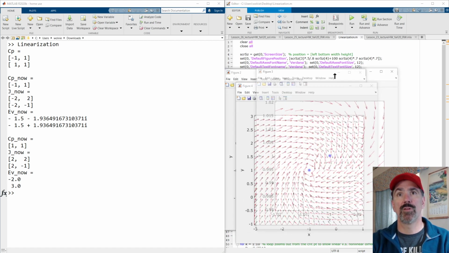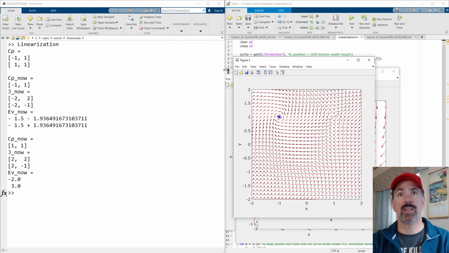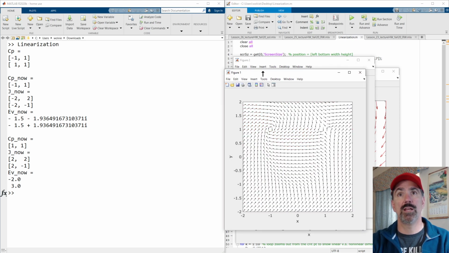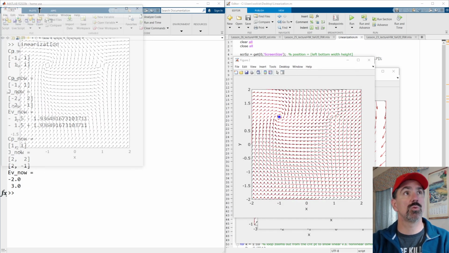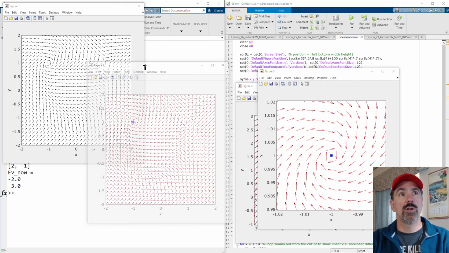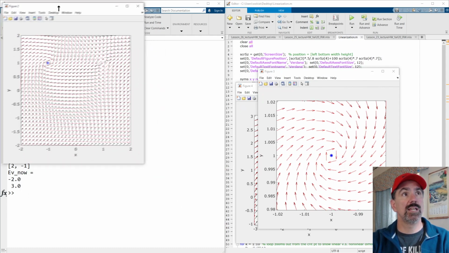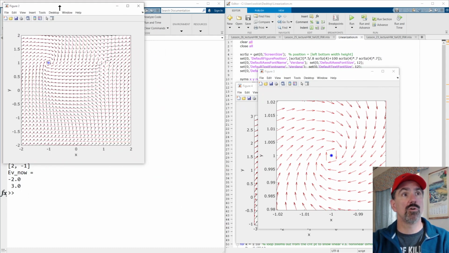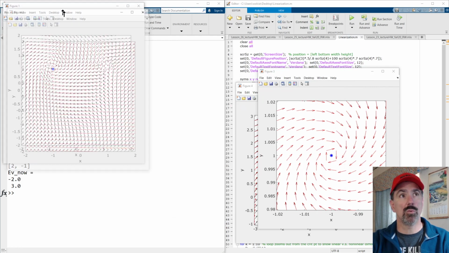Let me show you a couple of graphics that I think will help to clarify this. The first one is the actual phase plane for the nonlinear system. We can see at -1, 1 something that looks like a spiral, and at 1, 1 something that looks like a saddle. Figure 2 is the linearization of the critical point at -1, 1.